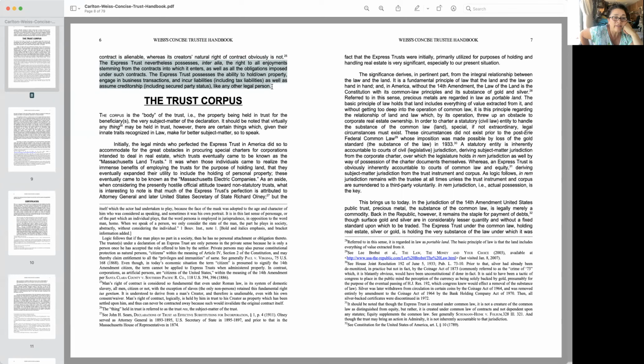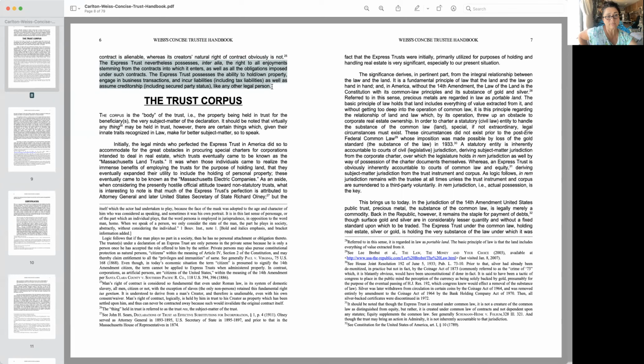So we're talking about the express trust that we want to do. Nevertheless, possesses inter alia the right to all enjoyments stemming from the contracts into which it enters, as well as all the obligations imposed under such contracts.